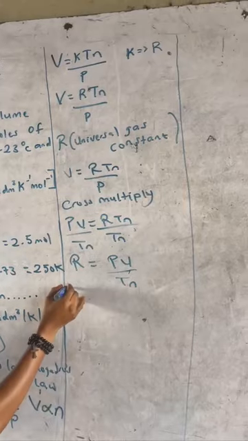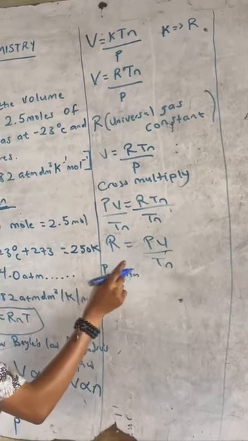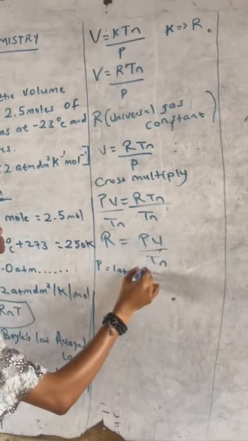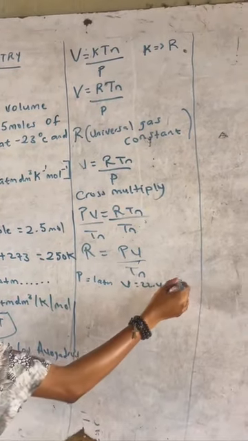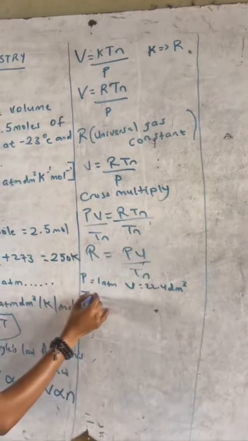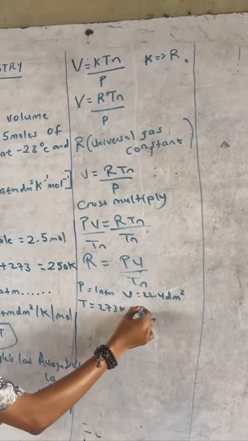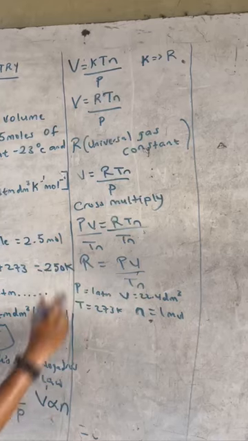Now, for pressure, we are given 1 atm, and that's standard pressure. In millimeter of mercury, that's 760. But here in ATM it is 1. Then our standard volume is 22.4 dm³. We call it GMV, gaseous molar volume. Standard temperature is 273 Kelvin. And number of mole is 1 mole.